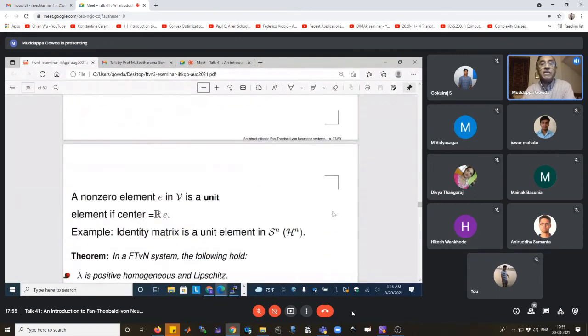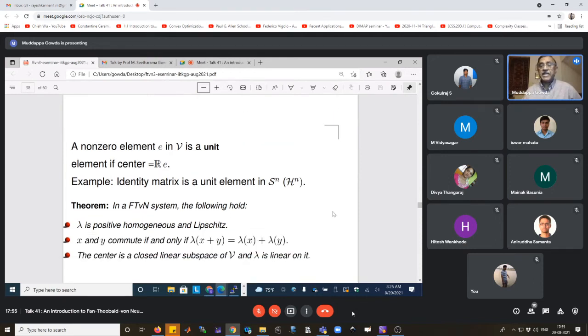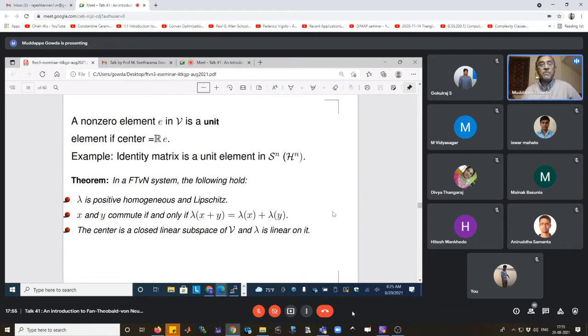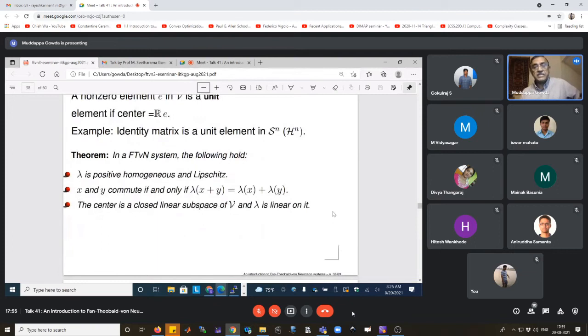A non-zero element E in V is a unit element if the center is simply R times E, the set of all multiples of E. An FTVN system may not have any units. The center may be just the zero element. In the case of Sn or Hn, the identity matrix is a unit element. That's it.